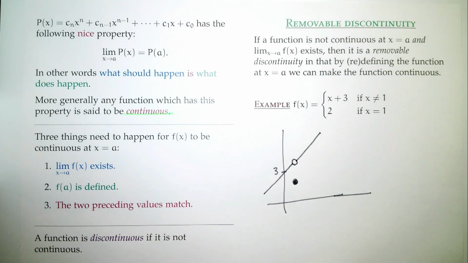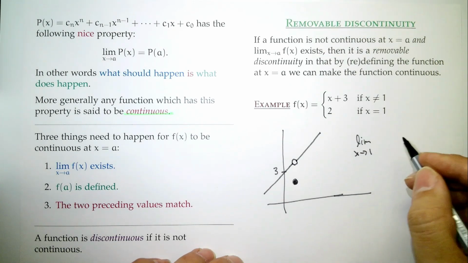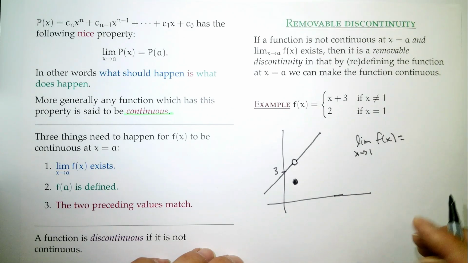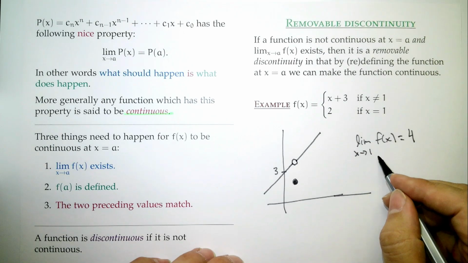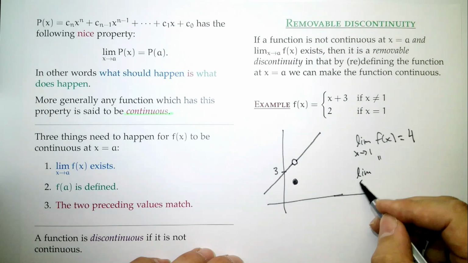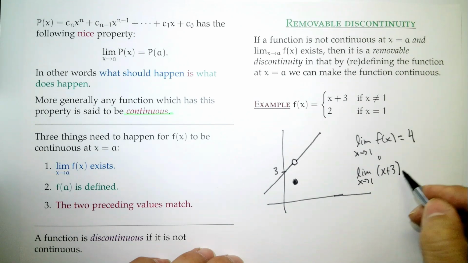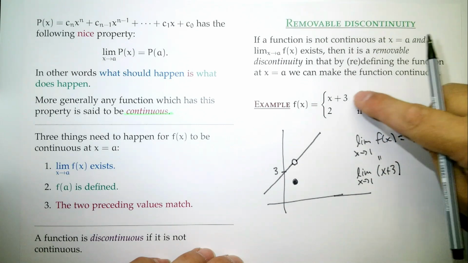So this is a discontinuous function. Now I claim it's discontinuous. We should check, what is the limit as x approaches 1 of f of x? It's 4. Because as x approaches 1, I can replace f of x by this expression x plus 3, because as I approach 1, I'm not 1, so I can use that rule.